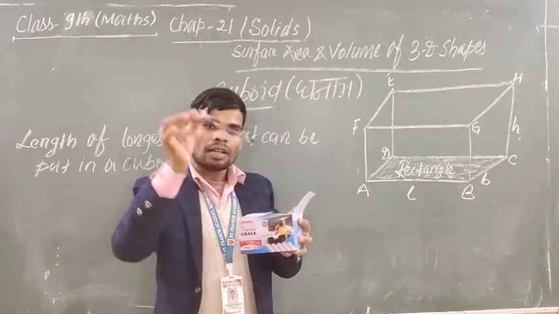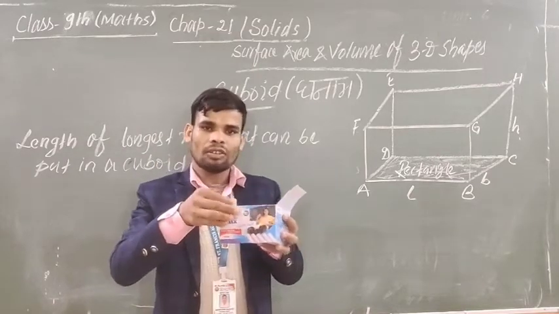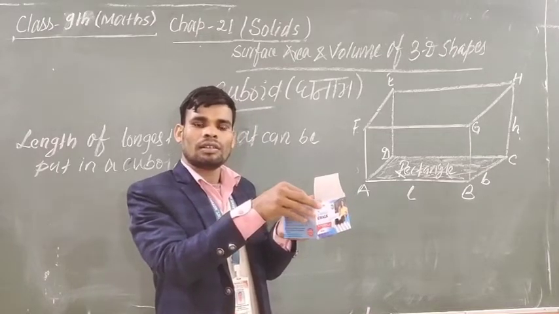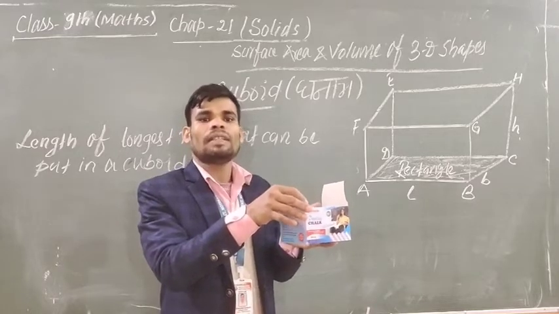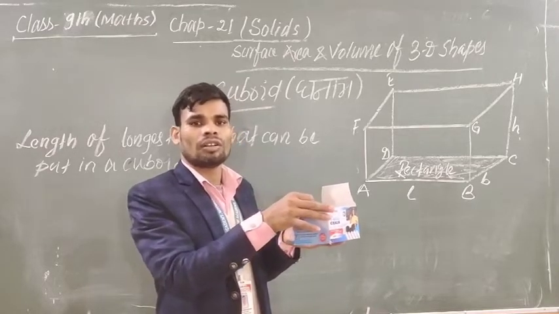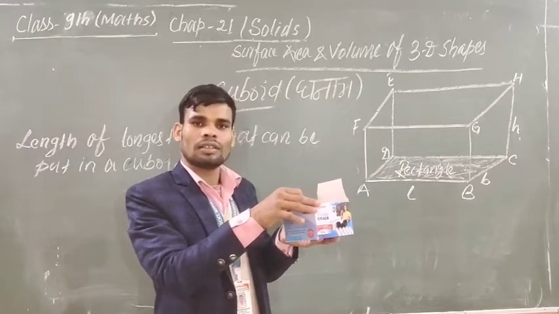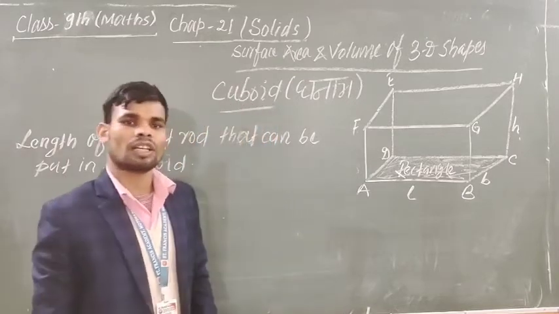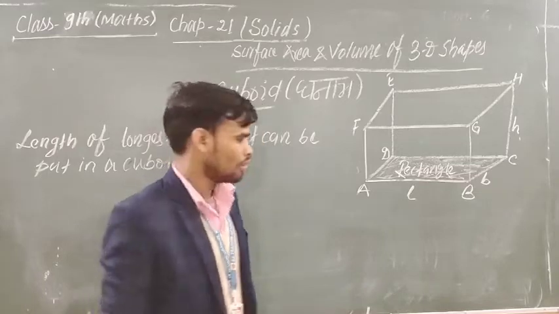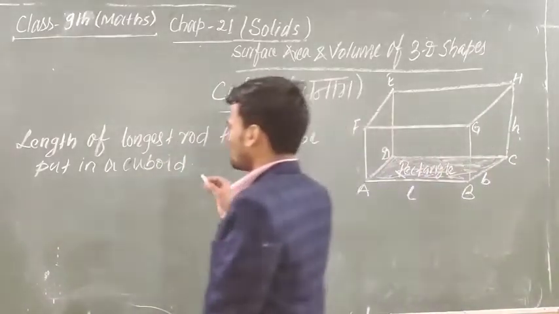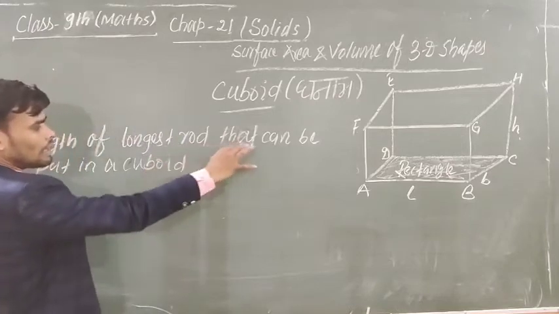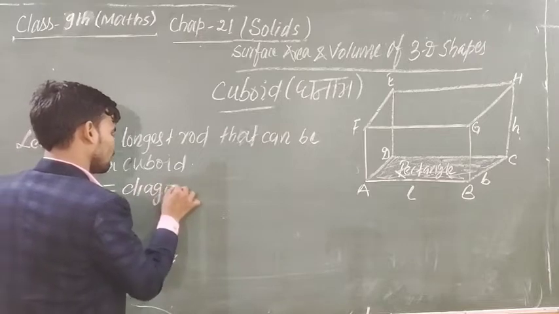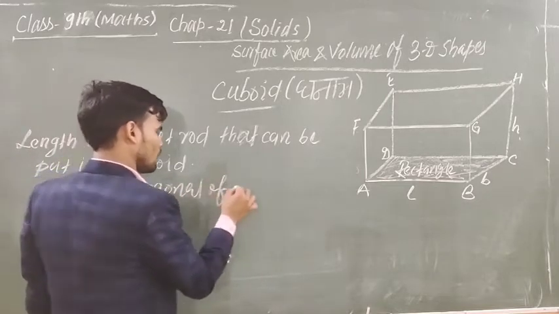Suppose I am putting this pin diagonally, then this pin will be the length of the longest rod, which is touching the opposite vertices. So the length of longest rod that can be put in a cuboid is equal to the diagonal of the cuboid.